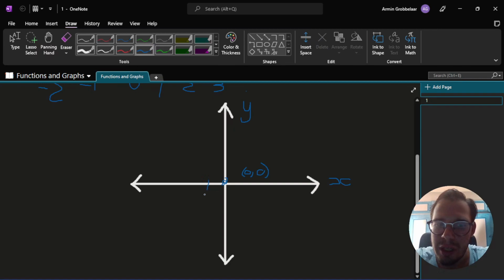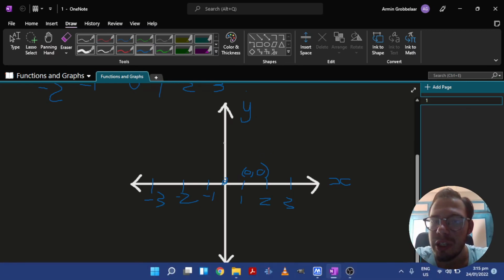So this point here is -1, we have -2, we have -3, and then on the right hand side here we have 1, we have 2, we have 3, and this just goes on forever in each direction.